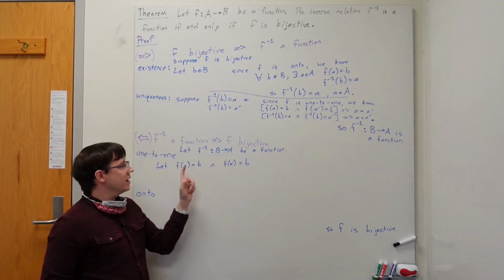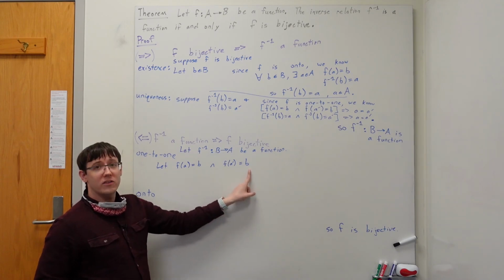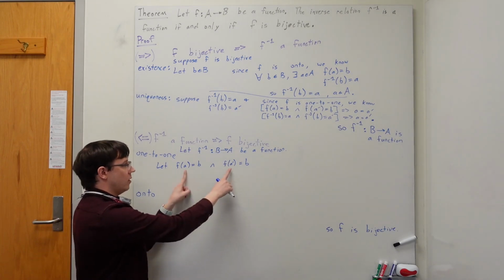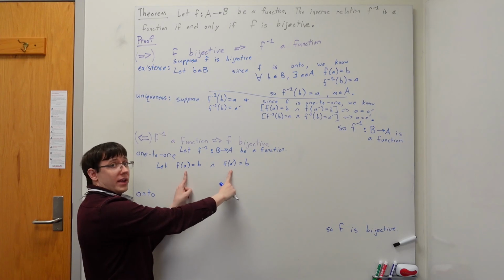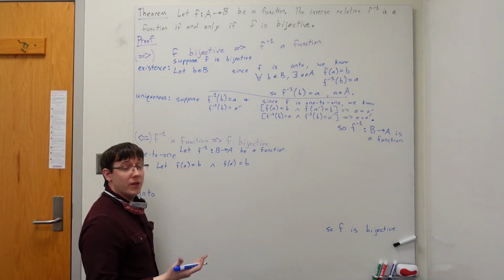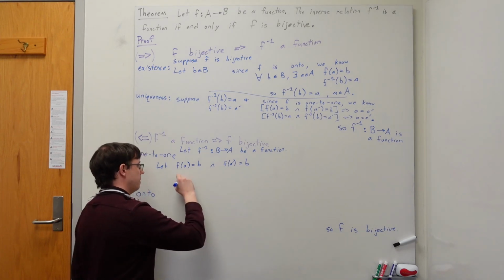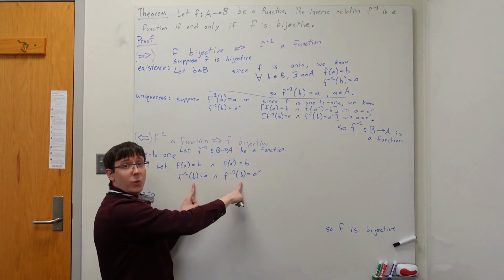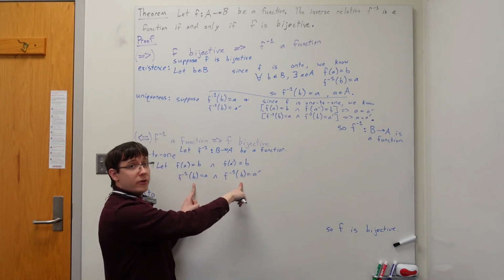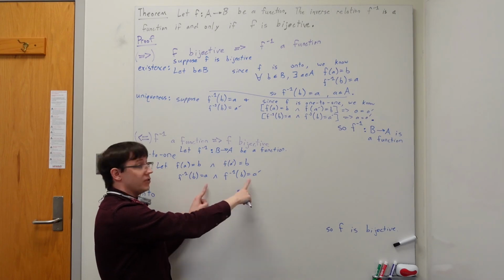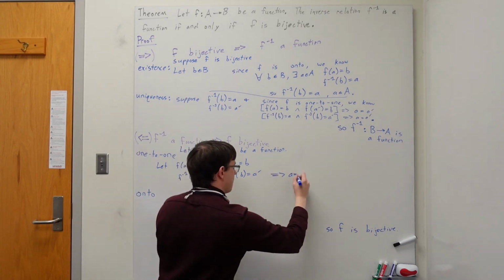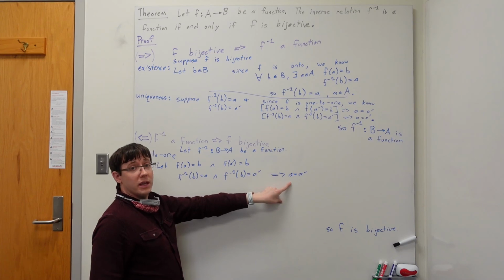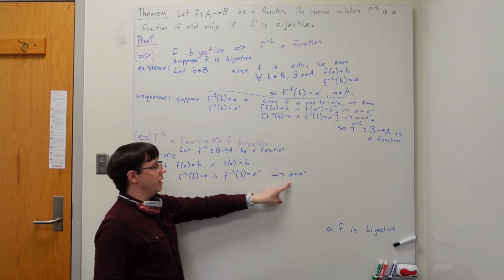We hypothesize that we have two ways of producing b, and we want to show that those in fact are the same input. But since we know that f inverse is a function, we can't have two different outputs for the same input. And so we've shown the implication for one-to-one.